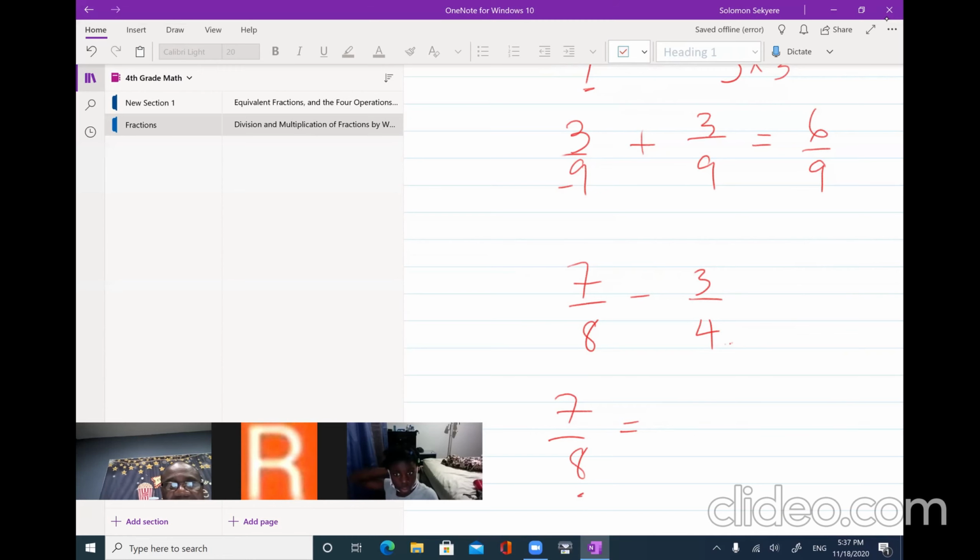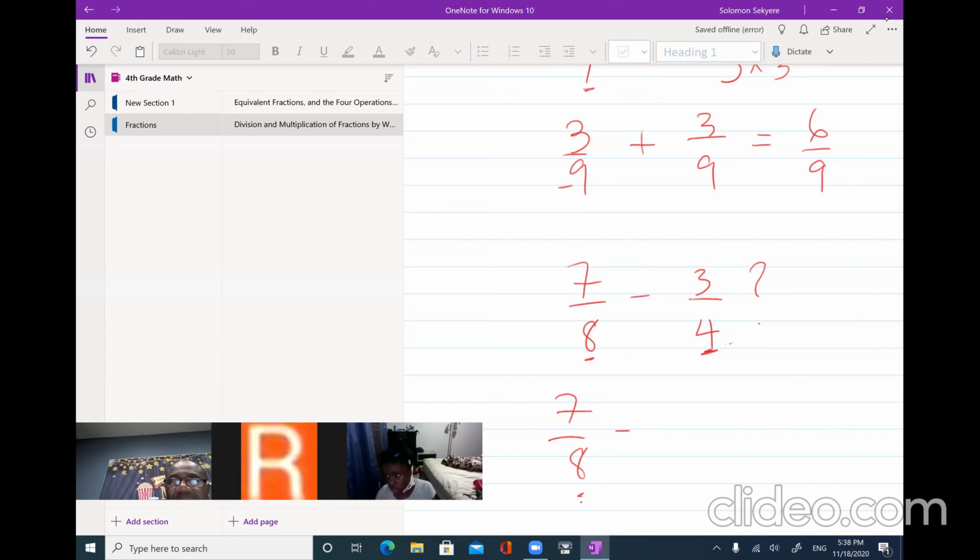You would have to do 7 times 2, which is 14. Why do you change it by 2? I said 7/8, and then this one here, you want to change it. This smaller number has to be the same as the bigger number. How would you do that? 8 divided by 4 is 2.